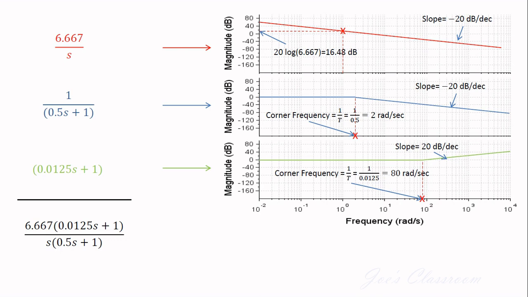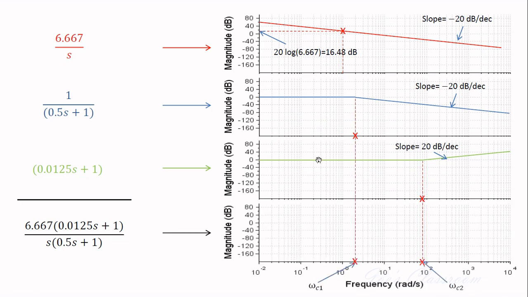Now, as I said, to get the Bode magnitude plot for this entire transfer function, it is just sufficient to add these three plots. So this is the space where we are going to sketch the asymptotic Bode magnitude plot for this transfer function. Let us see.